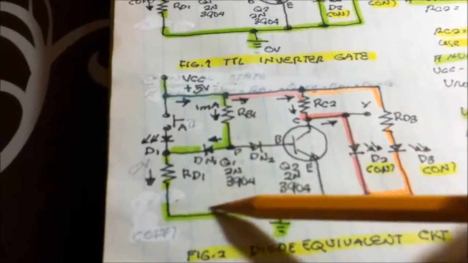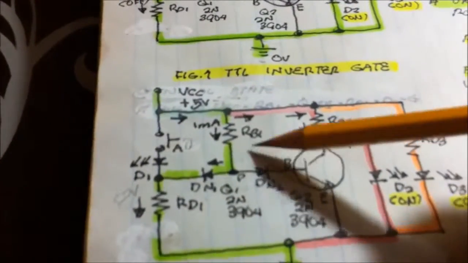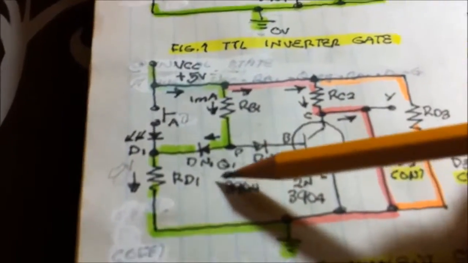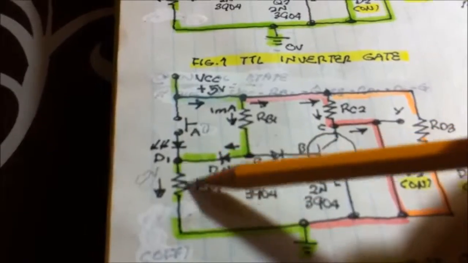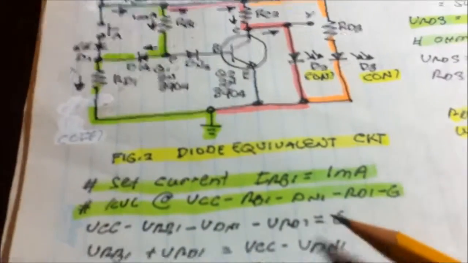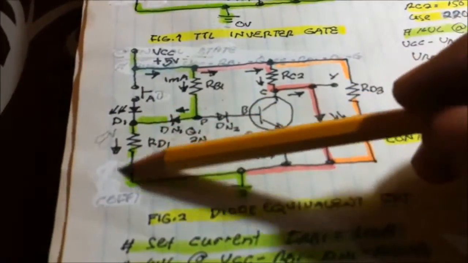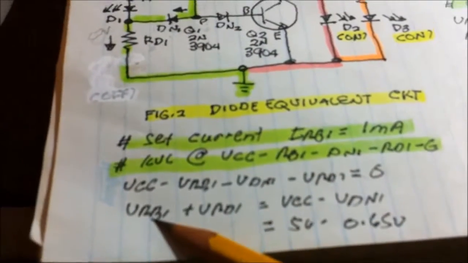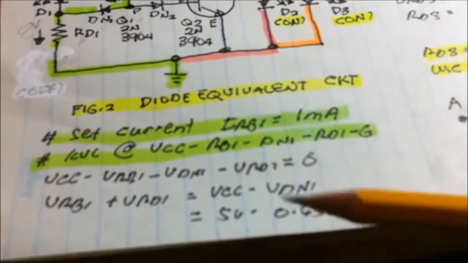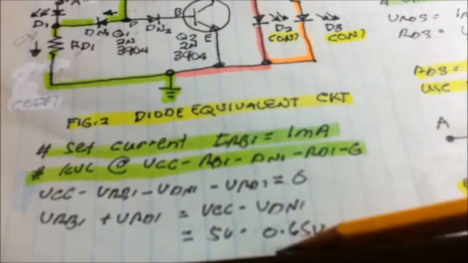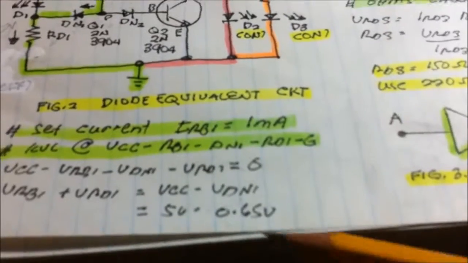So we have a first KVL: VCC minus the voltage at RB1, the voltage at the diode DN1, and the voltage at the resistor RD1 equals 0. That is the first KVL. We got here by transposition, since we know the voltage drop at the base to emitter of this transistor is 0.65.